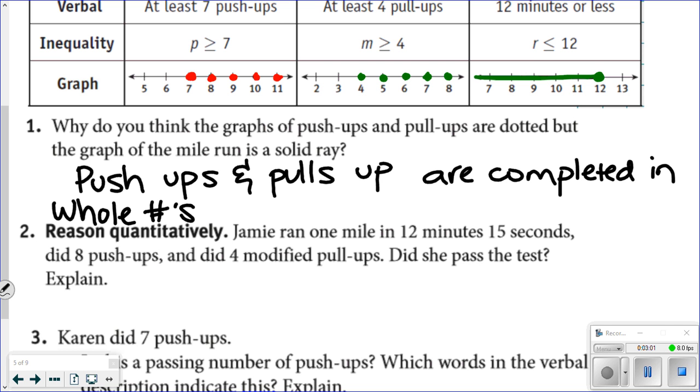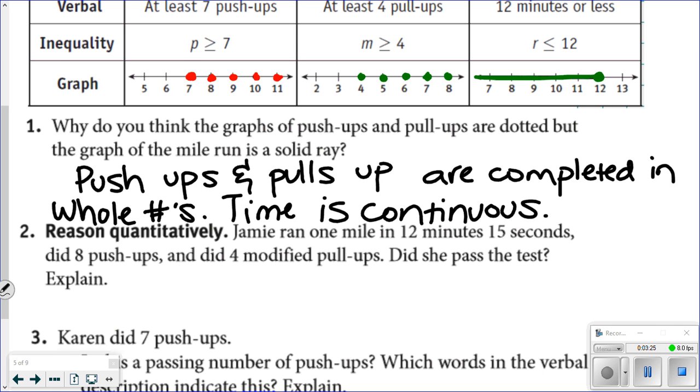So when we're counting push-ups and pull-ups, we count 1, 2, 3, etc. But if you think about your running time, it's continuous. It's very accurate. We don't have to count it in whole numbers. We could get 8 minutes and 32 seconds, 9 minutes and 28 seconds, 10 minutes and 52 seconds, and so on.